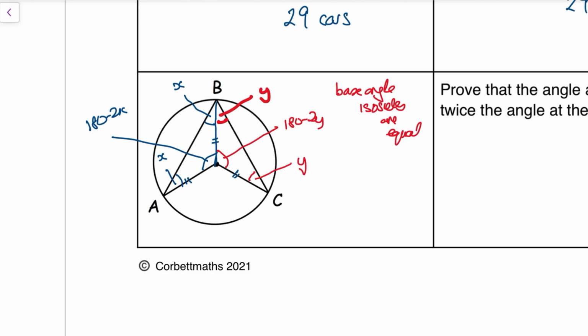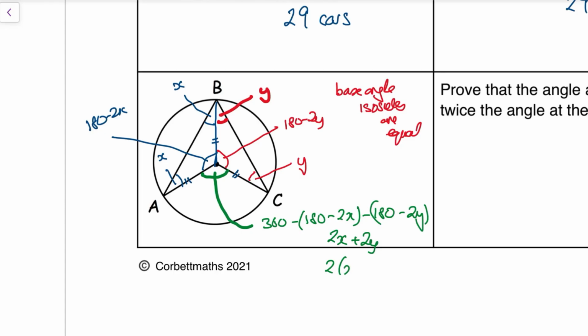And then this is a clever bit that clinches at the end, which means that this angle here is going to be 360 minus (180 minus 2x) minus (180 minus 2y), which is, now 360 minus 180 minus 180 goes away, so that just leaves minus minus 2x, which is plus 2x, minus minus 2y, which is plus 2y, which is 2 times (x plus y), which is the angle at the outside.